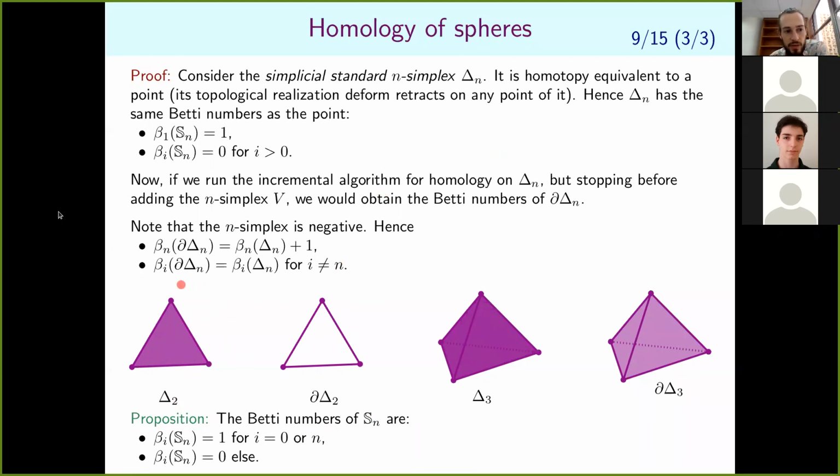These simplicial complexes, delta, are homotopy equivalent to a point. I hope you can see that. They are closed balls, and we know that closed balls are homotopy equivalent to a point.